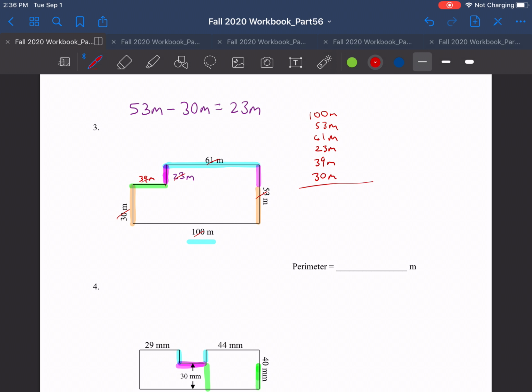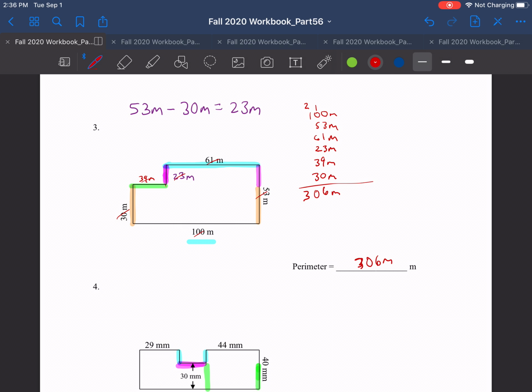And that we would add all up. So 0 plus 3 is 3, 3 plus 1 is 4, 4 plus 3 is 7, 7 plus 9 is 16, 16 plus 0 is 16, carry the 1, 1 plus 5 is 6, plus 6 is 12, then plus 2 is 14, plus 3 is 17, plus 3 is 20, and then 2 plus 1 is 3. 306 meters for our perimeter there.